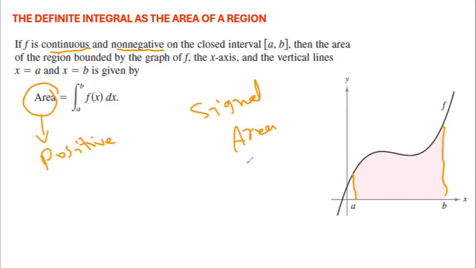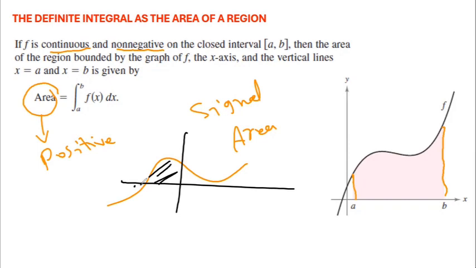Otherwise, if we have some curve that can be positive or negative for different intervals, say here and here, and we're taking the integration between these numbers, we'll notice that we have up here an area that's greater than the area down there.